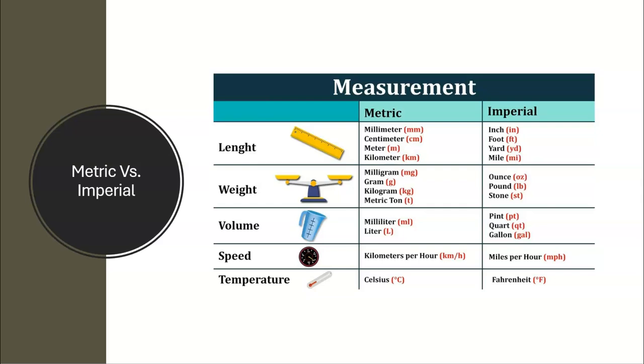But we now use the base 10 one, which is metric in most of the world, and you'll notice that they use prefixes here like milli, centi, kilo, and they use those with various units, whether it's length, weight, speed, volume. They use those same prefixes and they have the same meaning, only whatever unit they're attached to, they're referring to that type of measurement.